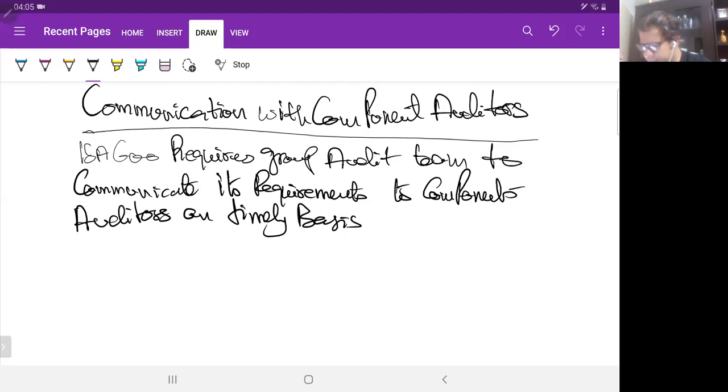This will include the work to be performed by the component auditor and the use to be made of it. It will set out the form and content of the information to be provided by the component auditor, right?